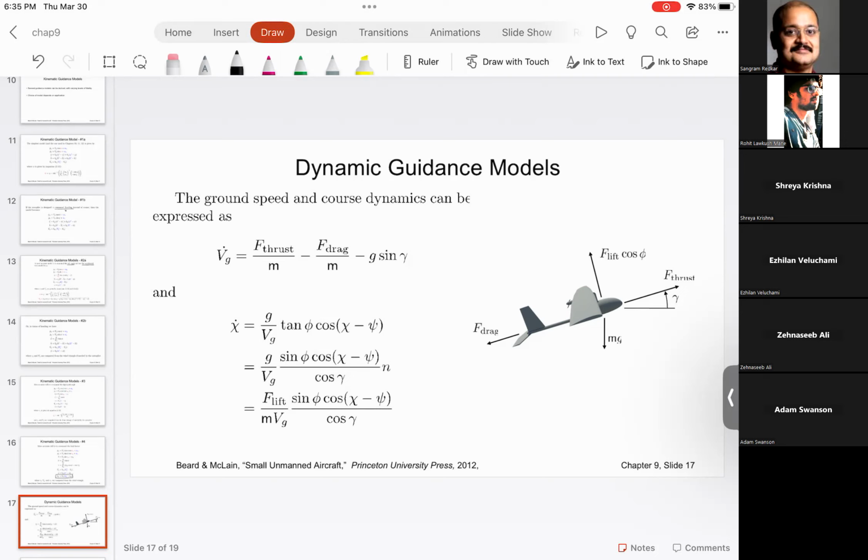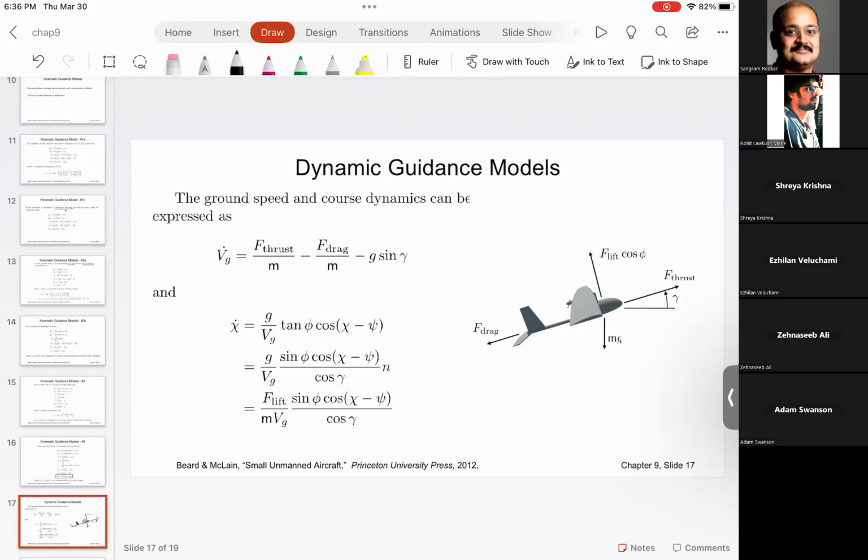And again, you can incorporate the effect of the thrust force and the drag force and modify these models that we talked about. And finally, you get an equation for Vg dot, the rate of change of ground speed, that is the acceleration. And believe it or not, the first equation that I have shown here is a form of force equals mass times acceleration.